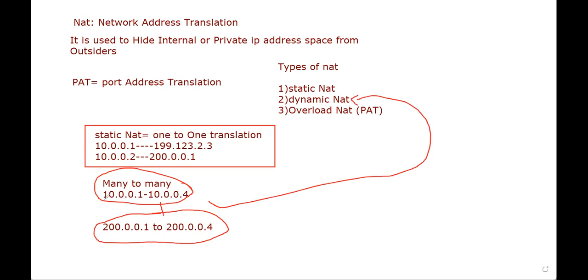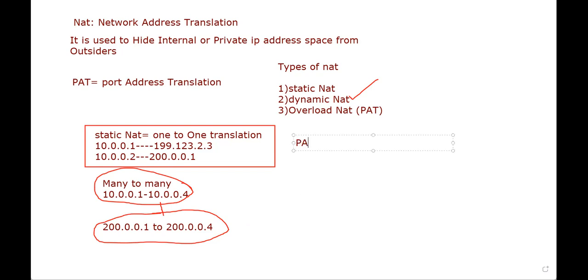Because when the IP addresses and hosts in my LAN increase, I have to change this range again and again. That is the issue with dynamic NAT, which is many to many, list to list.